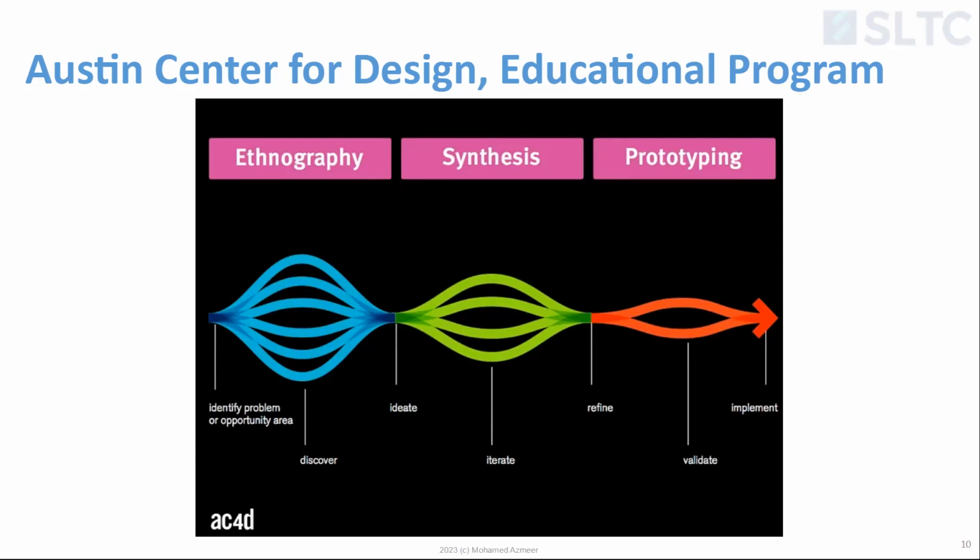That is called ethnography. And then you have parallel lines discovering various ways. All that come into some focus where you decide on, okay, this is the issue, and we are trying to figure out a solution for this problem. So that is where you start the ideate step.